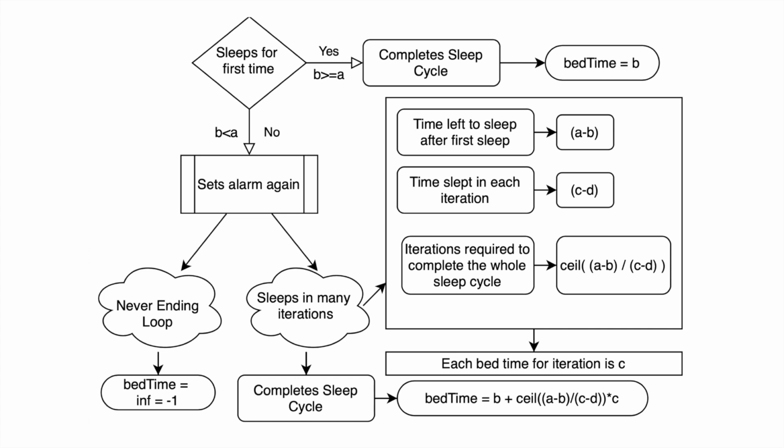Then we denote the bedtime to be -1 as given in the question. If Polycarp sleeps in some given number of iterations, then he completes that cycle and the bedtime would be B, the bedtime he spent for the first time, plus the ceiling function of A minus B divided by C minus D. That is nothing but the number of iterations Polycarp spent to complete his whole sleep cycle times C, where C is the bedtime for each iteration.